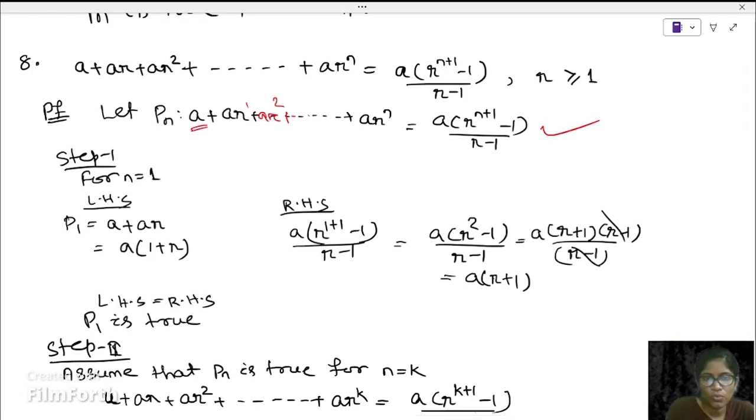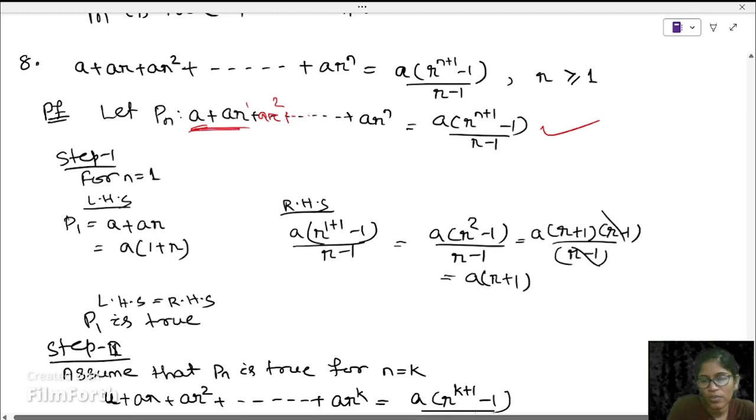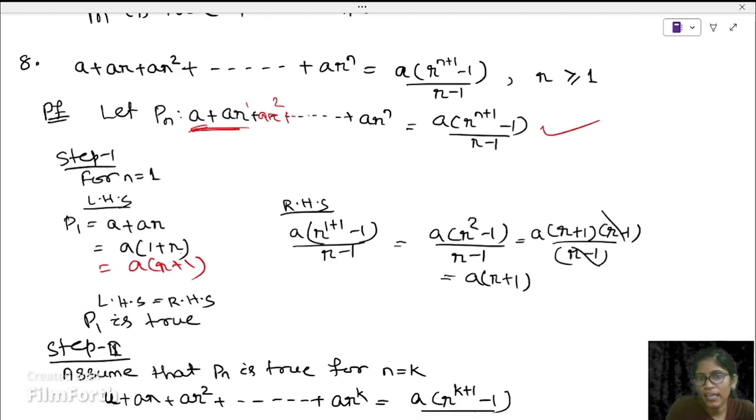Okay. So for n is equal to 1, we have a plus ar. First term of P1 is a plus ar. Taking a as common, rest 1 plus r, or we can write it a into r plus 1. Right hand side, putting here n is equal to 1, a into r to the power 1 plus 1 minus 1, which is equal to r square minus 1.